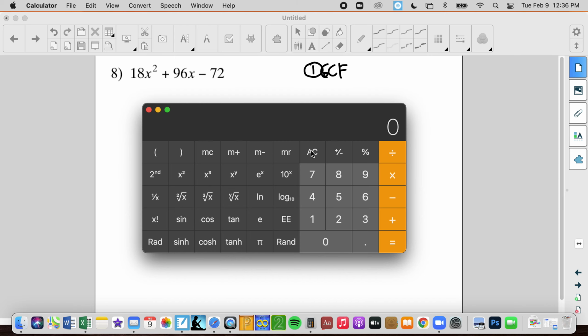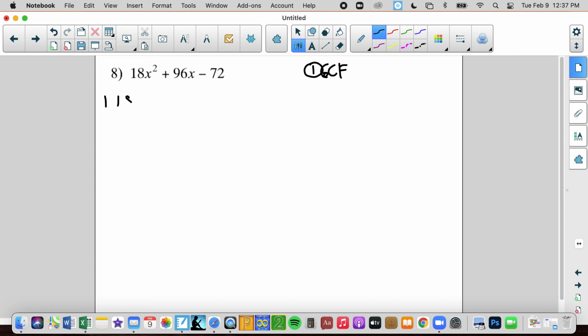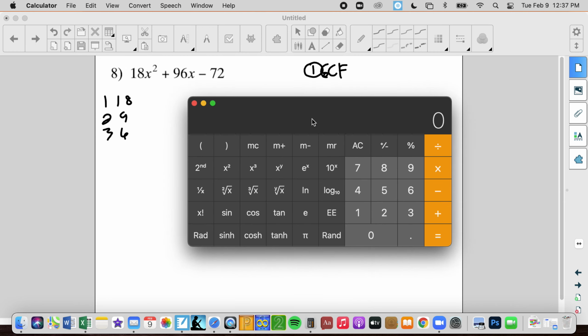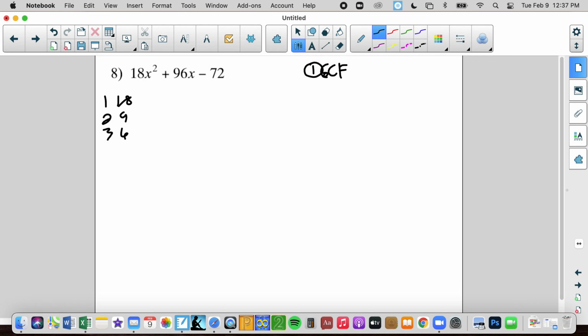So now I'm looking at factors of 18: 18, 2 and 9, 3 and 6. 96 divided by 9 doesn't work, so 9 doesn't work, 18 doesn't work.